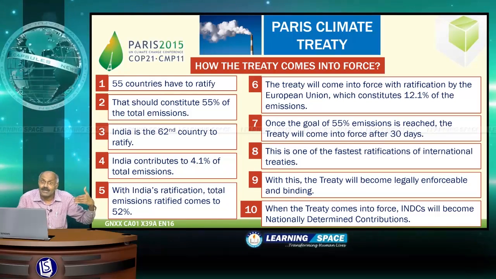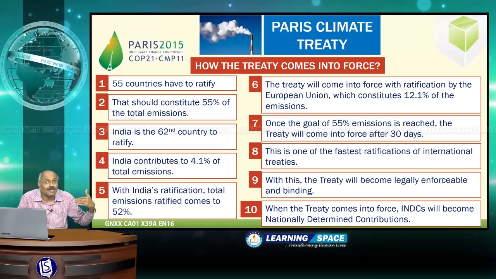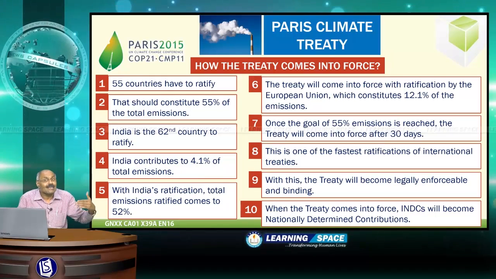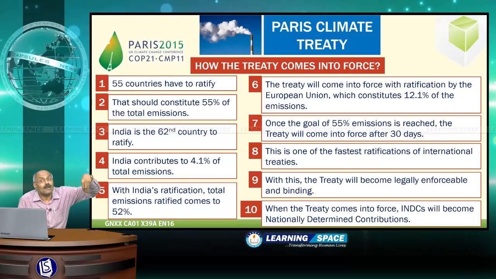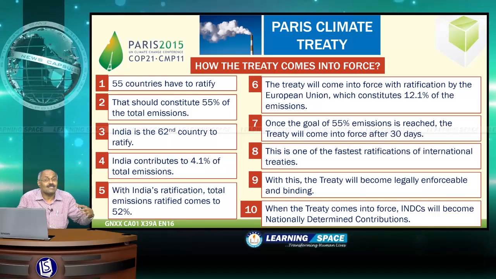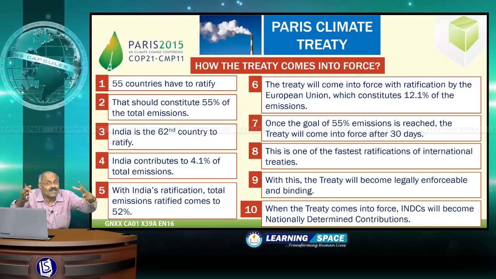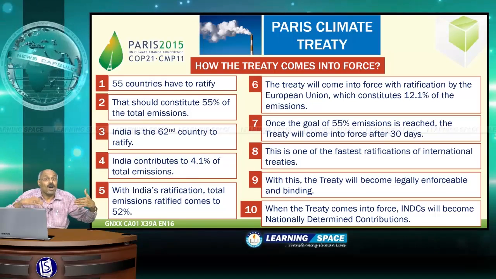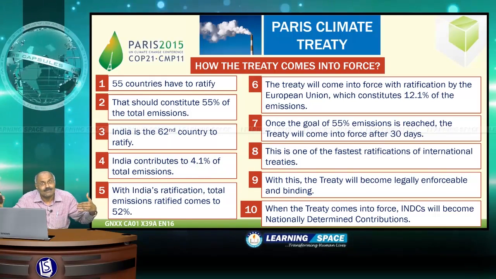And European Union, please don't forget, is the grouping of 28 countries, and it constitutes 12.1% of the emissions. And once European Union submits the papers of ratification, then this treaty will come into force after 30 days.